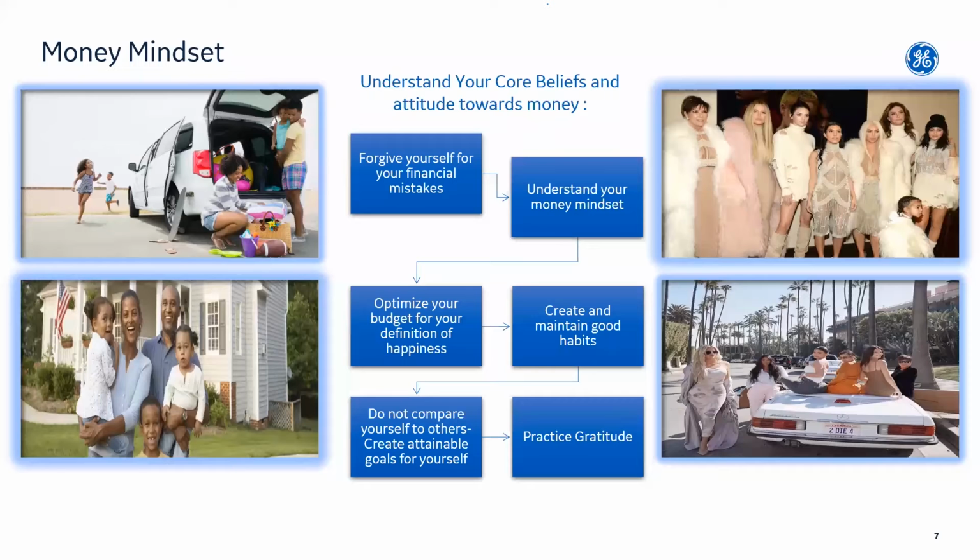Or do you want the American dream where you're taking vacations, you have a nice home, beautiful family, living within your means, but also living an abundant and fulfilling life? Or you can want to live like the Kardashians, like in the photo, who value status symbols like luxury cars or lavish vacations in Malibu, the watches, the cars, the lifestyle.